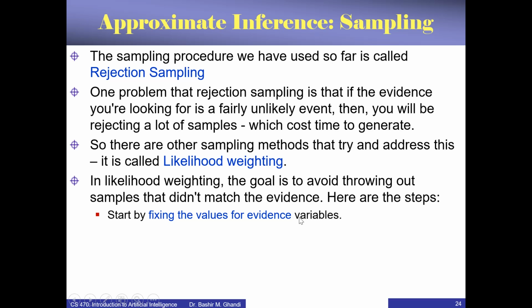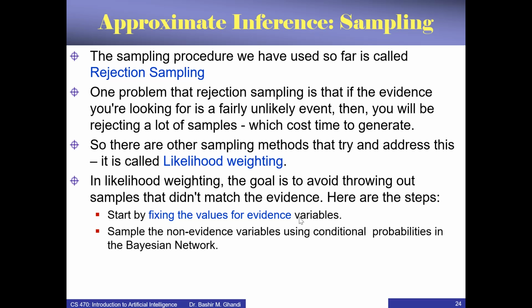So if you are looking for only cases where the train was on time, you will say, okay, we will fix the value for train on time to be true for all the samples, and then generate the samples for the non-evidence variables. So sample the non-evidence variables using conditional probabilities in the Bayesian network, as we have done before.